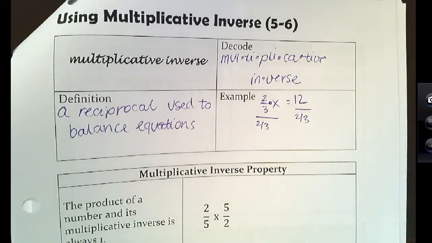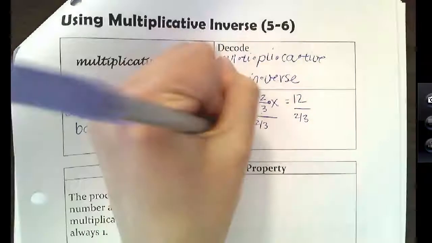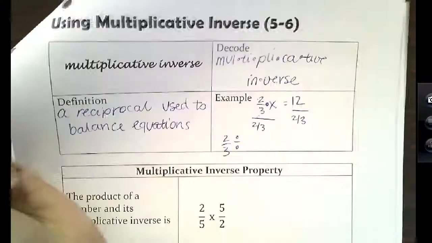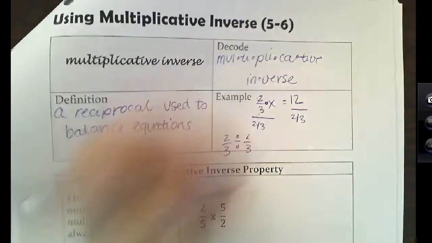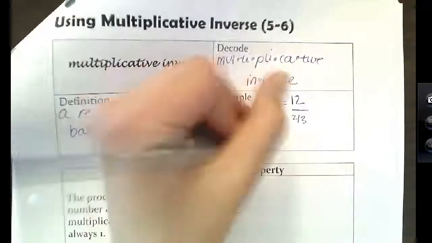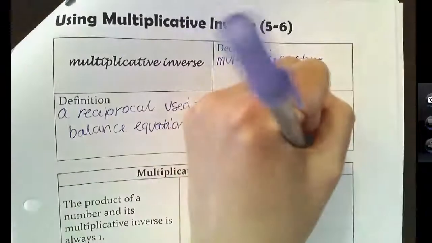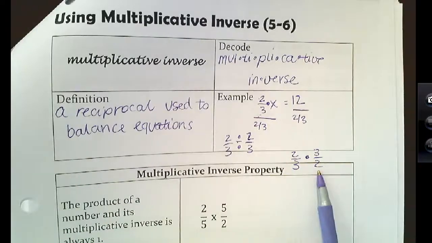Well, when we're dividing by fractions, so here we would have 2/3 divided by 2/3. When we're dividing fractions, what did we just learn we have to do? Keep, change, flip, right? So we would have 2/3 times 3/2. So do you see how I use the reciprocal there?